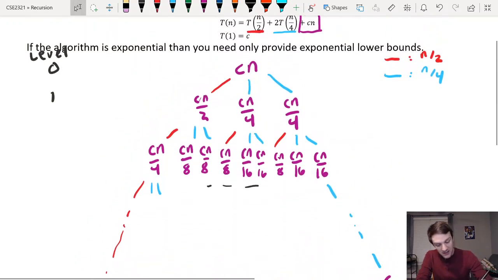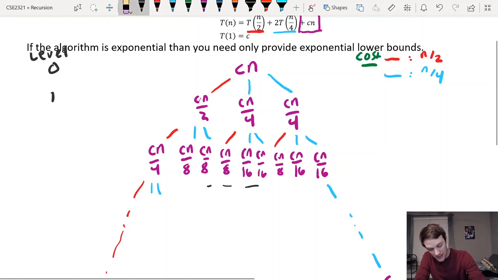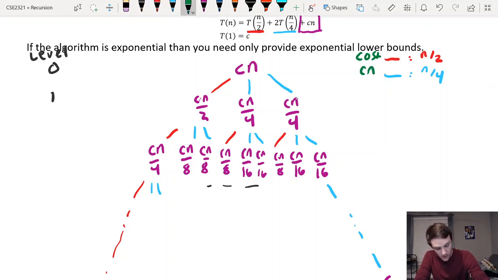Now, let's compute the cost at each level. The cost for the base level here is Cn. The cost for the first level is going to be Cn over 2 plus Cn over 4 plus Cn over 4. That gives us Cn still. This next level looks really messy.